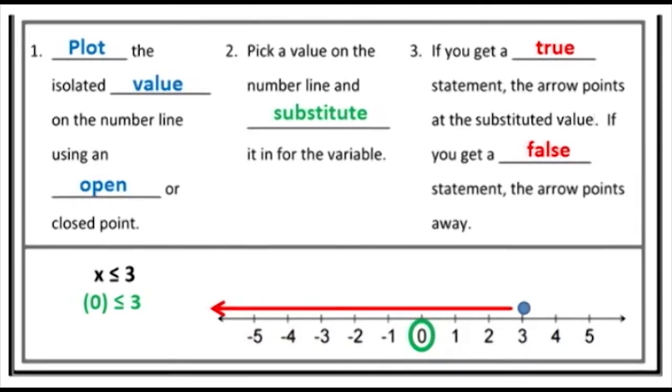If I plugged in -5, for example, it would give me a true statement. -5 is less than or equal to 3. This is true. If I plugged in +5, I would get a false statement. 5 is not less than or equal to 3. This is a false statement. This is why it's on the side of my plotted point that does not have an arrow. It's not a solution.